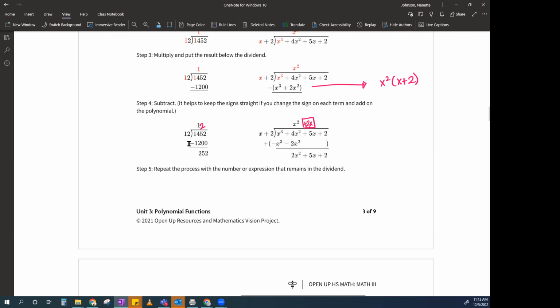Yeah, you multiply it, right? So multiply out just like we did here. You're going to multiply 2x times what? Yes, x plus 2. Very good. So put that right there.